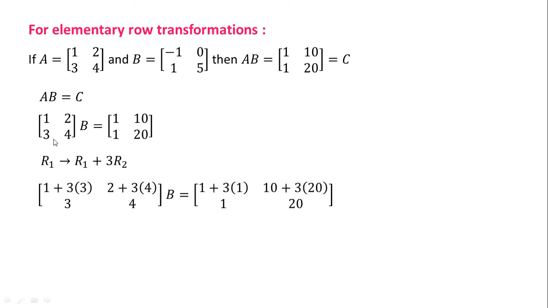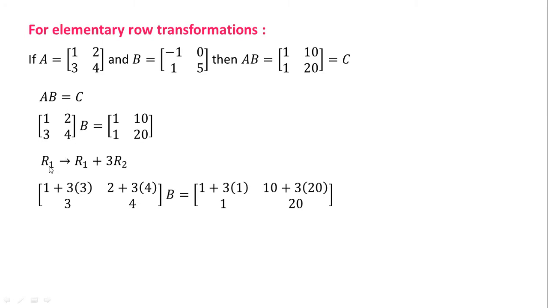See what we get on both sides. Remember, on both sides of this equation, only the prefactor changes. See here, there is a change in the prefactor, no change in B. B remains as it is. This matrix changes, and this matrix also changes. Then equality remains as it is. Remember, AB is equal to C is one equation.